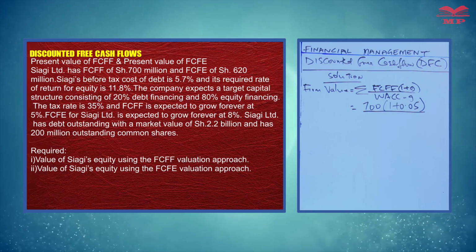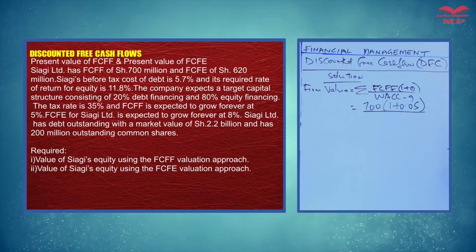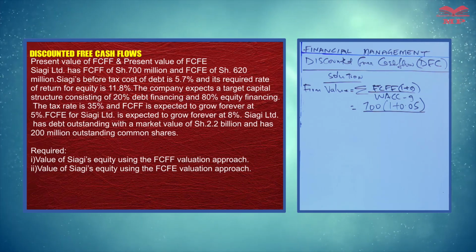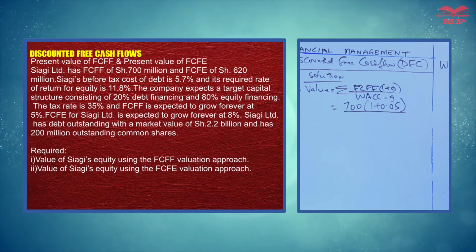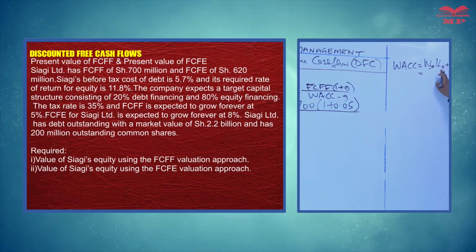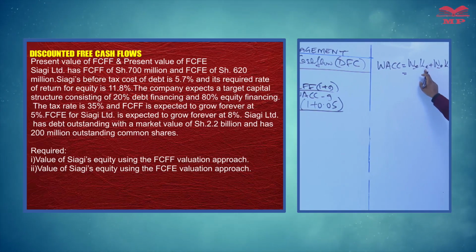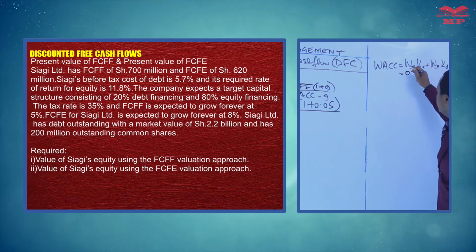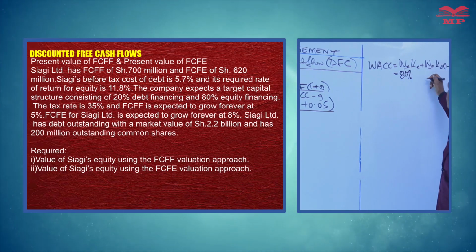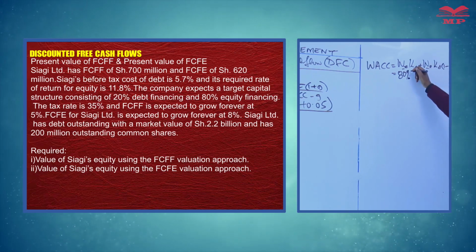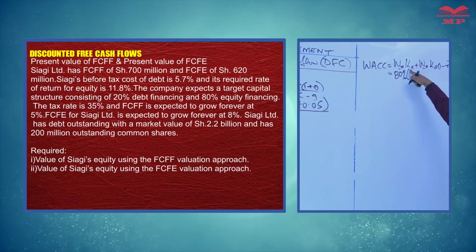So we are going to calculate the WACC, and we have the formula here. The proportion of equity, is it 20 or 80? It is 80. So this is 0.8 or just 80%. What is the cost of equity?